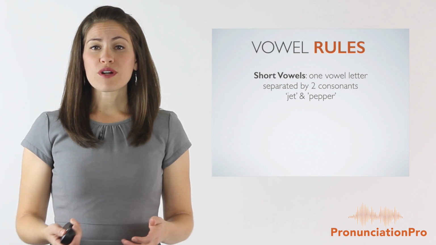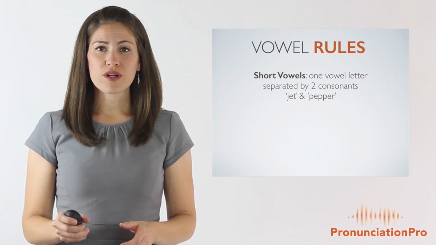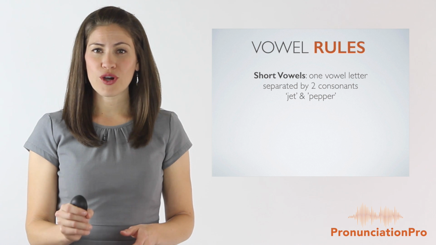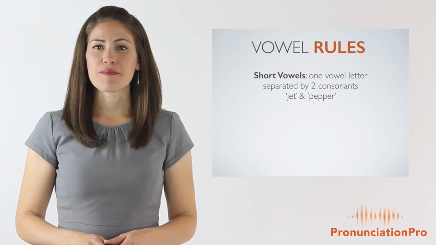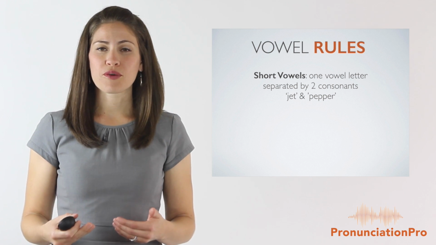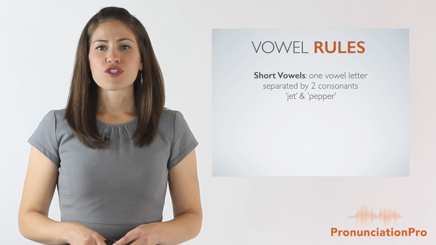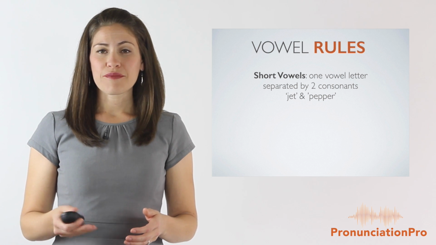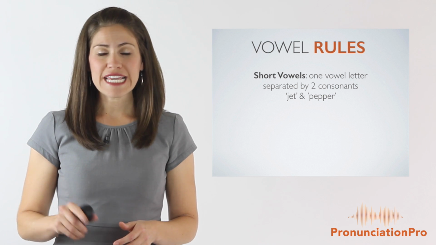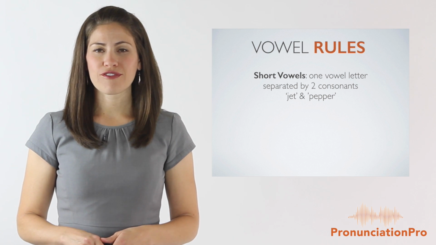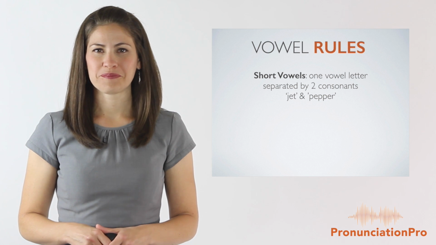All right, so for the short vowels, usually when you see a vowel alone, one vowel letter alone in written English, it means that it's going to get the short pronunciation. So for like the letter E, if that letter E is alone, it will get that short vowel pronunciation.